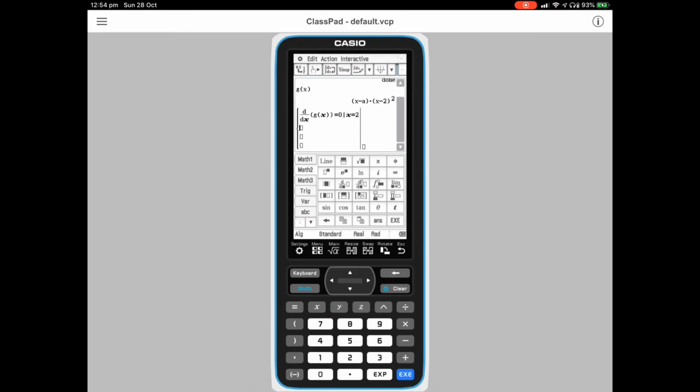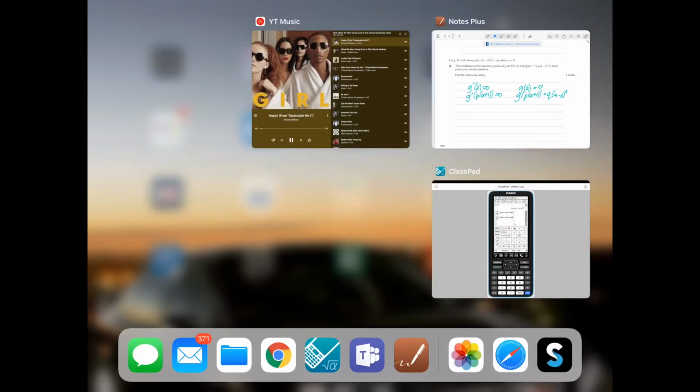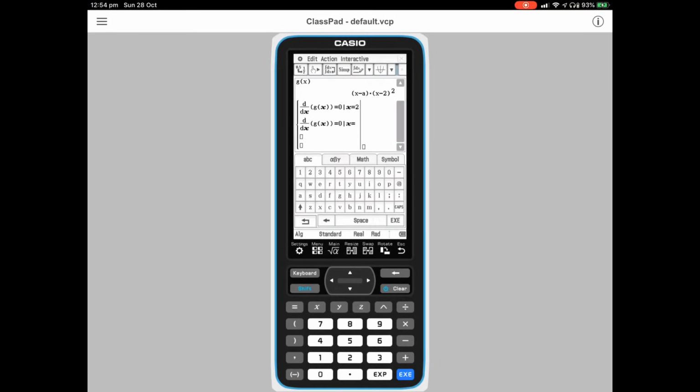We know d/dx of g of x equals 0 given x equals p times (a+1).